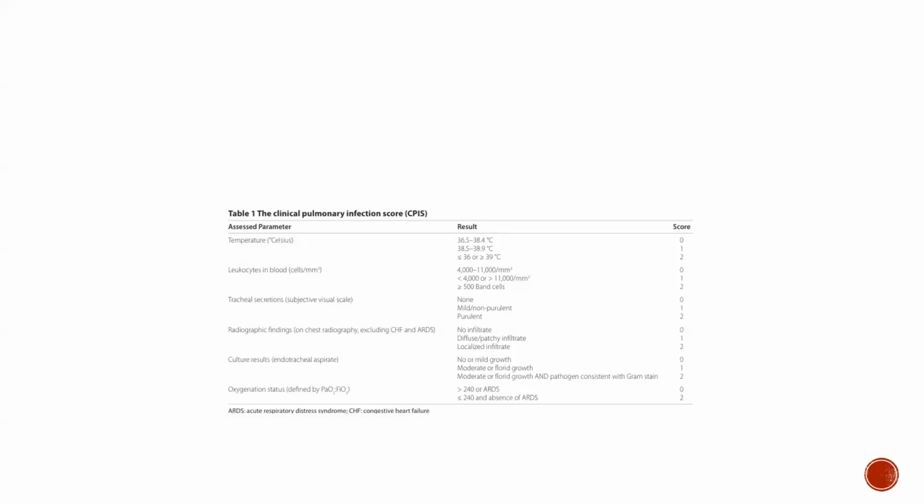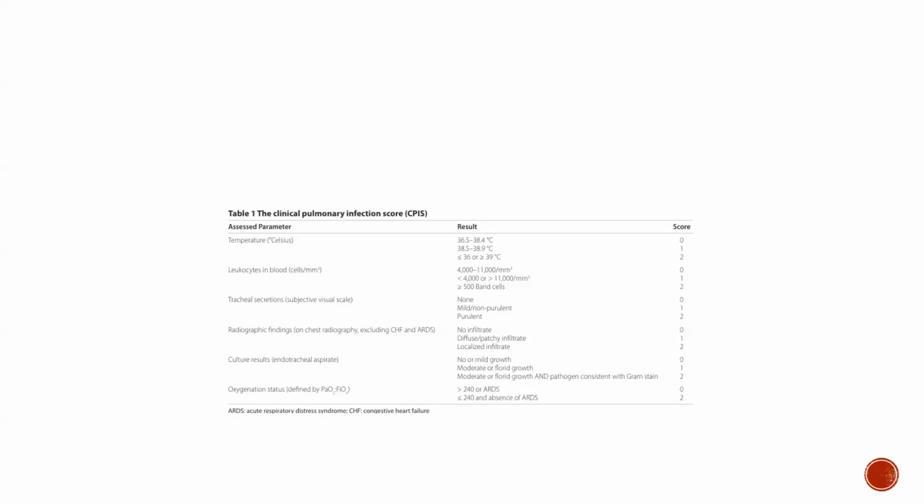Then leukocytes should be between 4,000 and 11,000. If less than 4,000 or more than 11,000, then 1 point. If more than 500 band cells, then 2 points. Tracheal secretion, if absent, then 0. Mild or non-purulent, 1. If purulent, then 2. Then regarding radiographic findings on chest radiography, no infiltrate 0, diffuse patchy infiltrate 1, localized infiltrate 2.